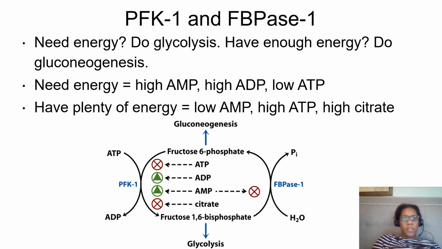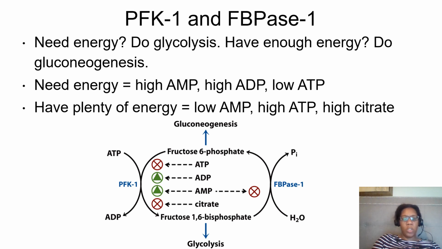So if we look at this figure here, we see that we created F6P, and PFK can convert that F6P to F16BP. But ATP is an allosteric inhibitor of PFK1.